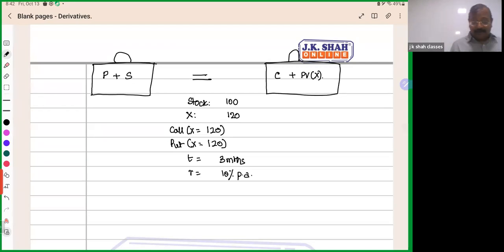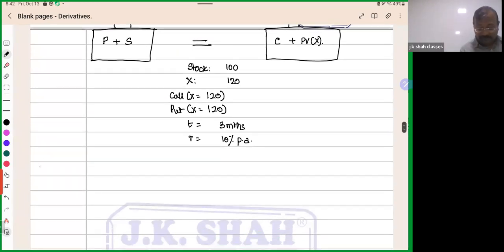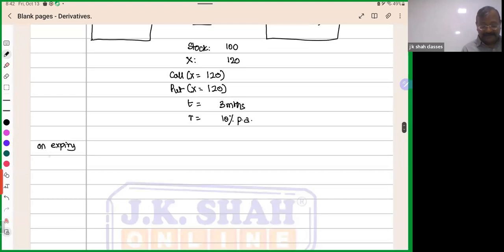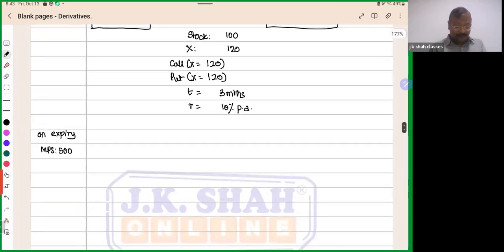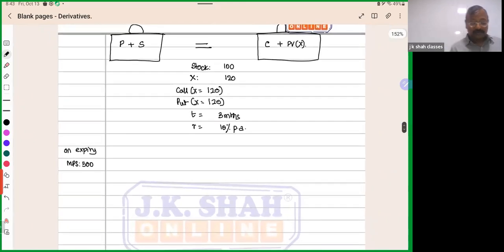Okay, but I'm talking on expiry. Let's say, अच्छा, now we know that on expiry the stock price could be anything. So let us say market price of stock is 500. And notice this.